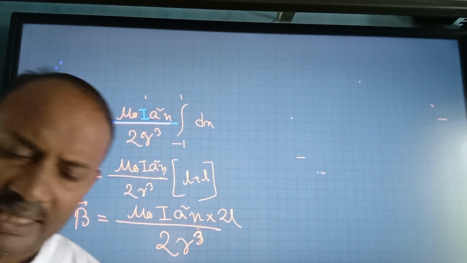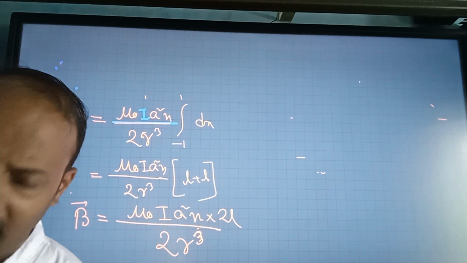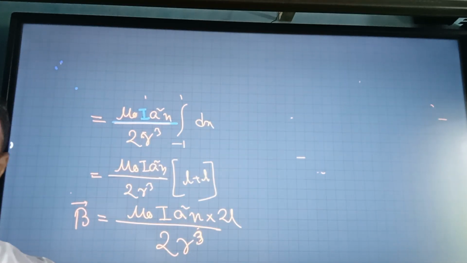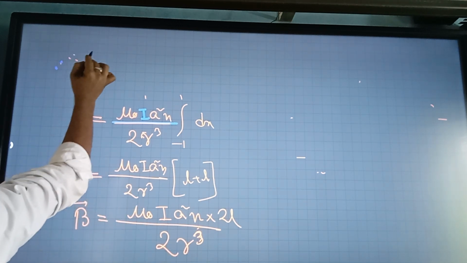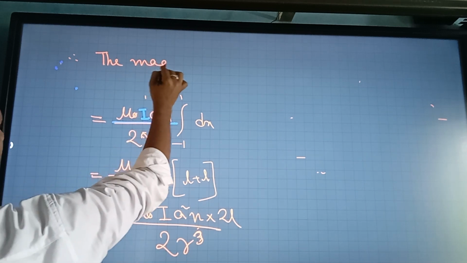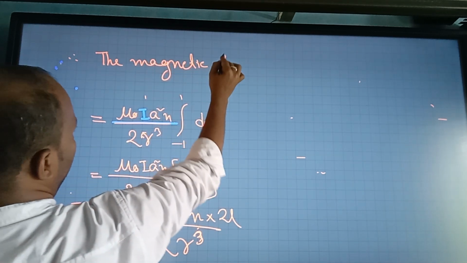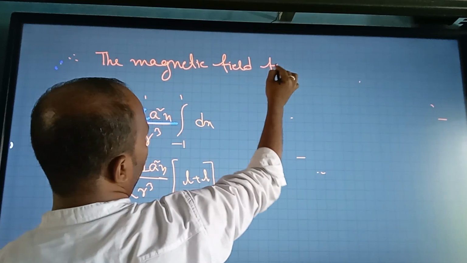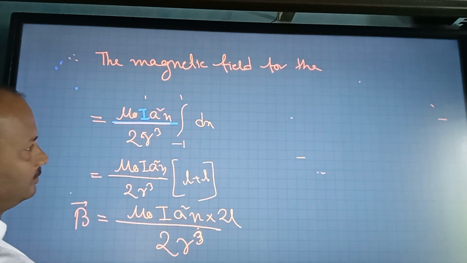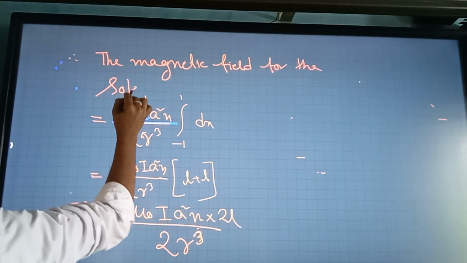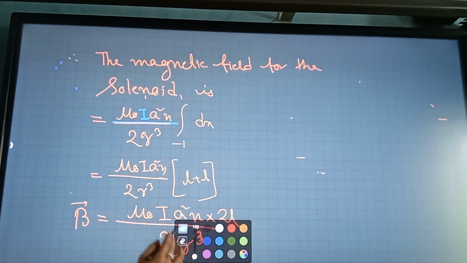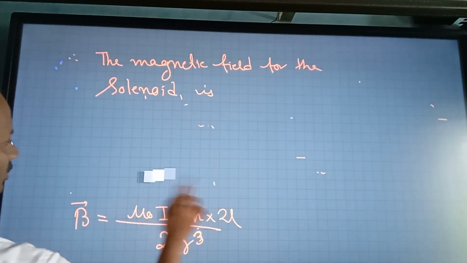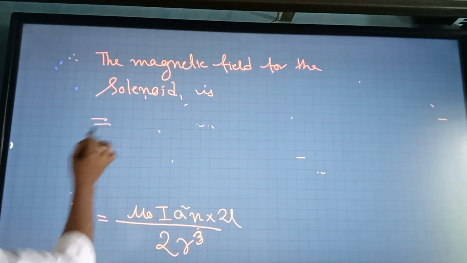Since the magnetic moment for a solenoid, we know that the magnetic field for the solenoid is equal to what?